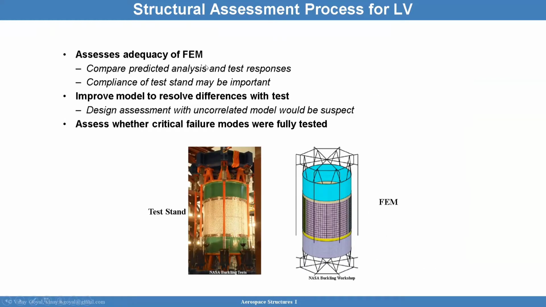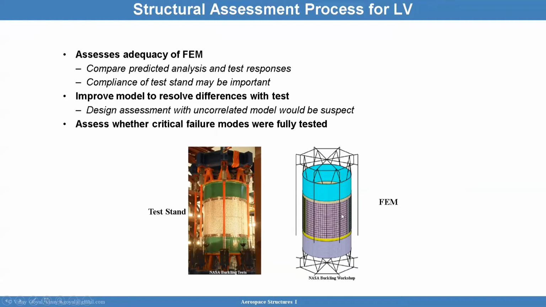You want to assess the adequacy of the finite element model by comparing the analysis and test responses, and the compliance of the test stand could be quite significant. You want to improve the model to resolve any differences with test, and that means trying to rectify any issues with the model that could be causing it to be incorrect.